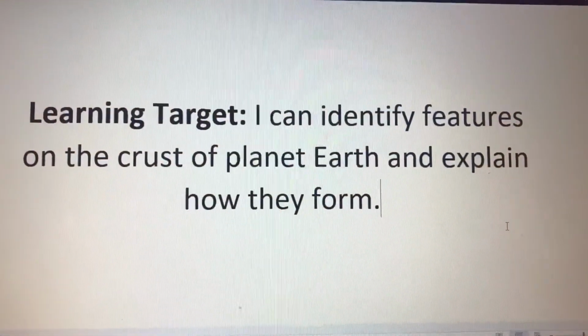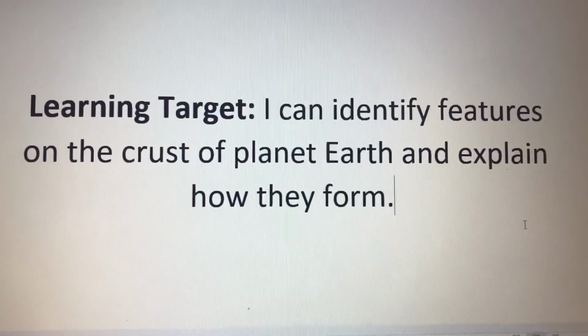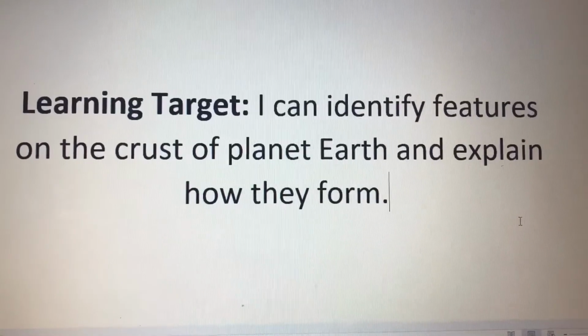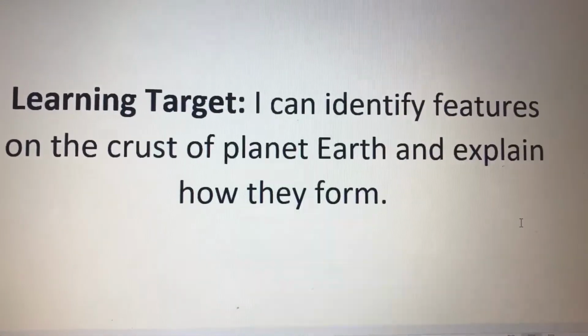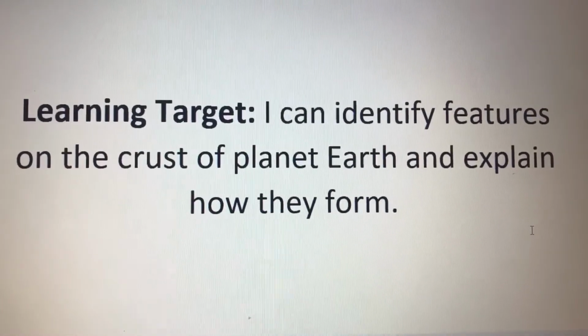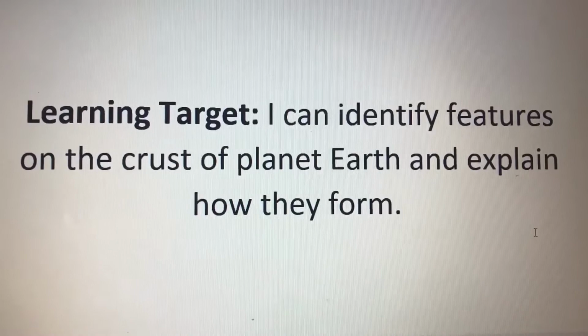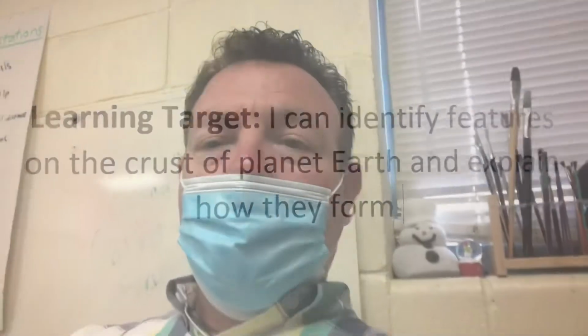So our learning target said that we had to identify the features on the crust of the Earth, and we had to explain how they form. Well, so far we have identified features on the crust, but we haven't really gone into the part of how they formed. And notice that I purposely said features on the crust.